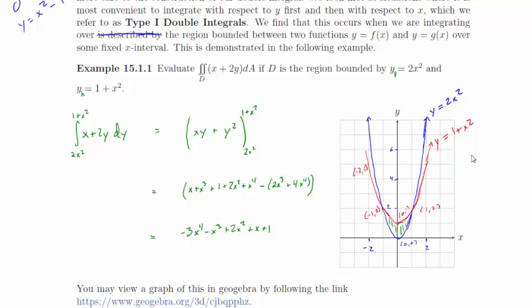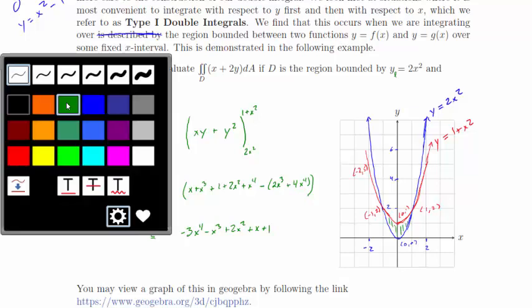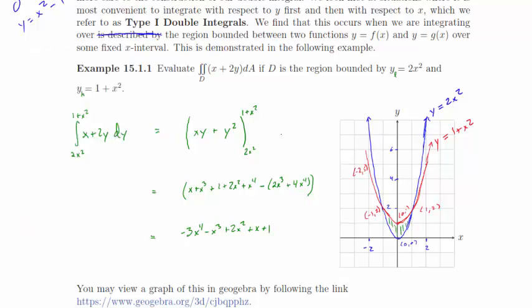And then we can go ahead and say we want to then integrate in the x direction from negative 1 to 1 where these intersections are.